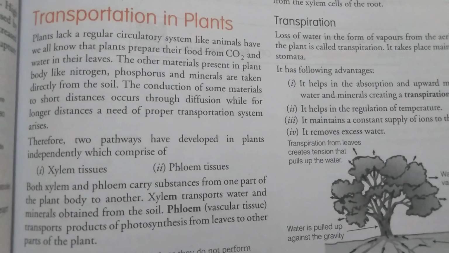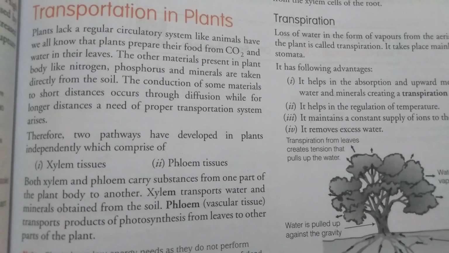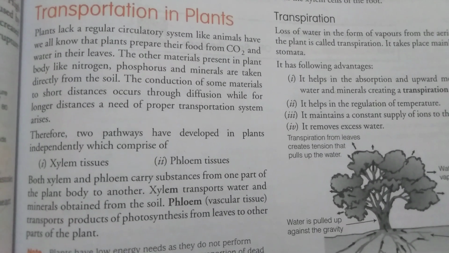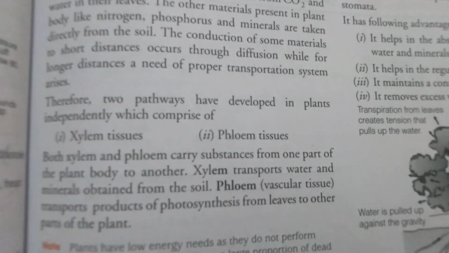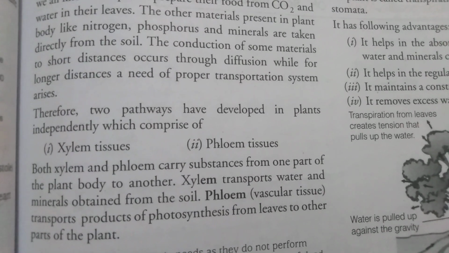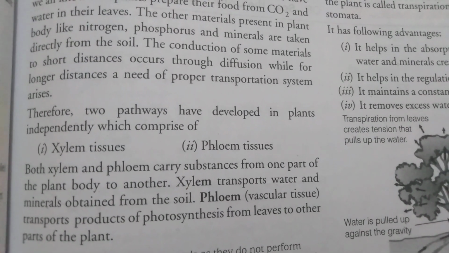Now there are two main important structures responsible for the transportation of substances in the plant, and they are xylem and phloem. Now what are xylem? Xylem and phloem both are conducting tissues.